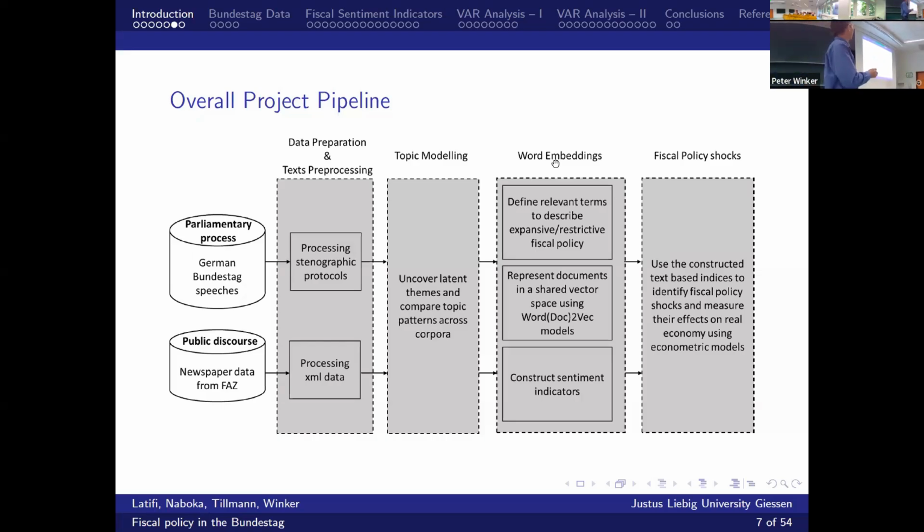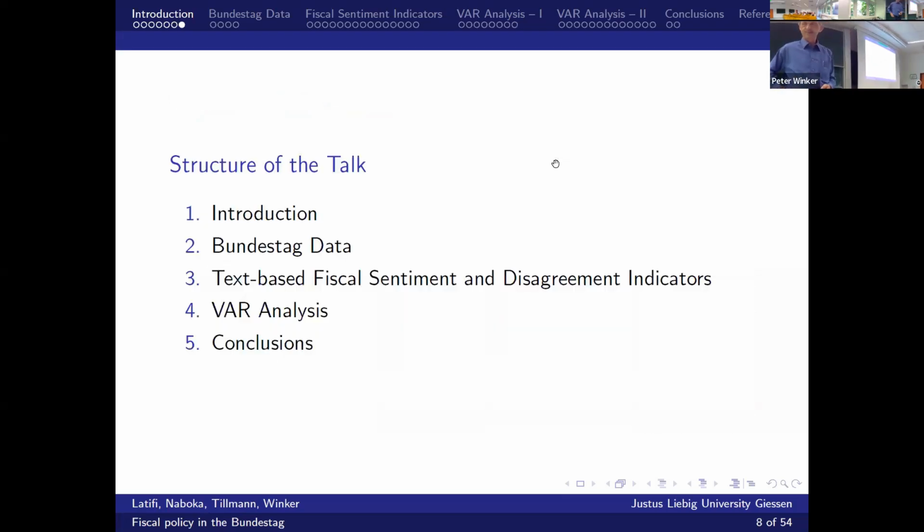Then we construct the indicators and do the econometric modeling afterwards. So that was my introduction more or less. I will shortly present some details on the data and then the indicators, focusing mainly on how we did it and some limitations we realized while doing it.